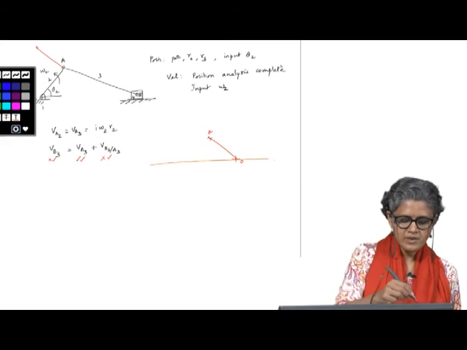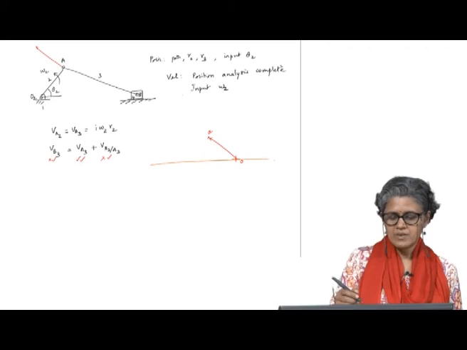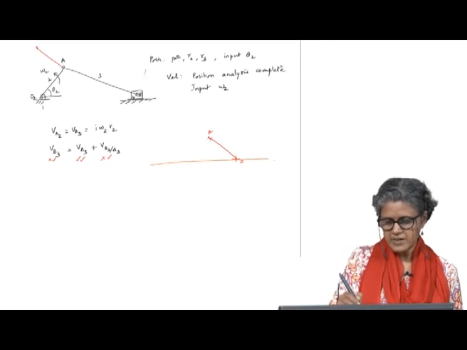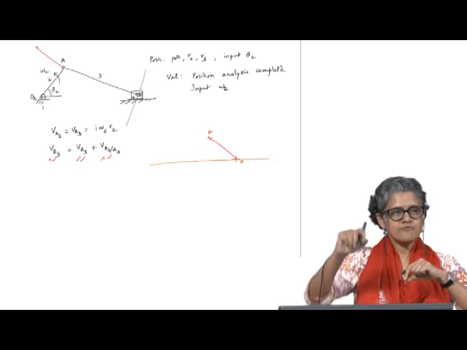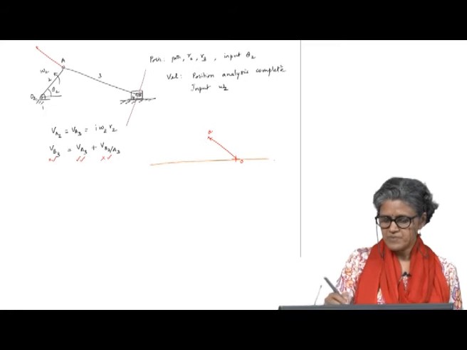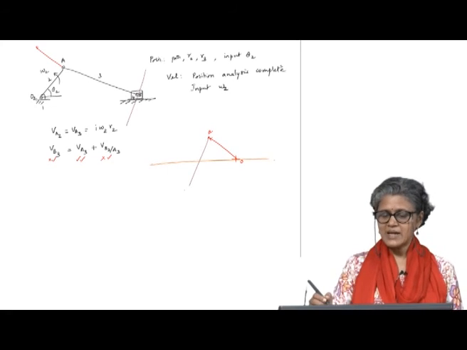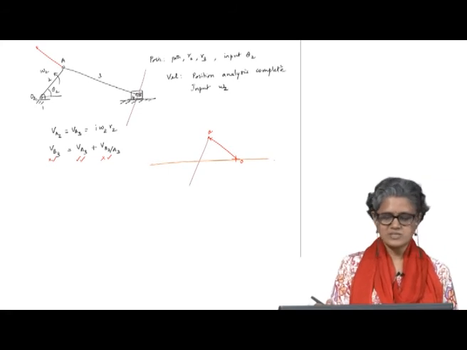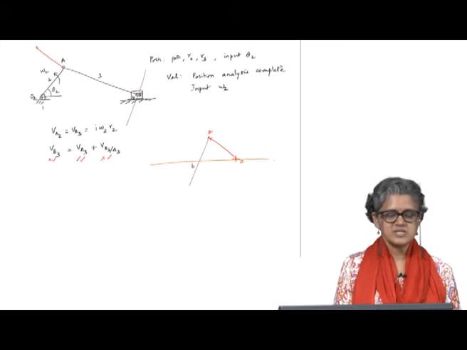Then B relative to A is going to be perpendicular to AB. B can only move in a circular arc about A, which means the velocity will be perpendicular to AB. And that has to come from A because it is a relative velocity. So, this becomes point B, the intersection of these two.